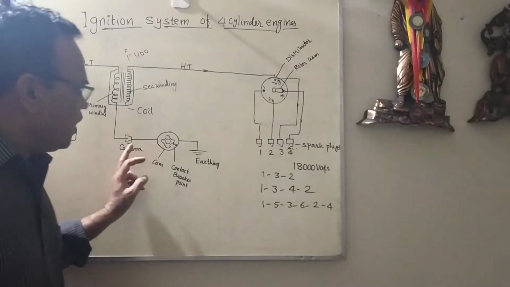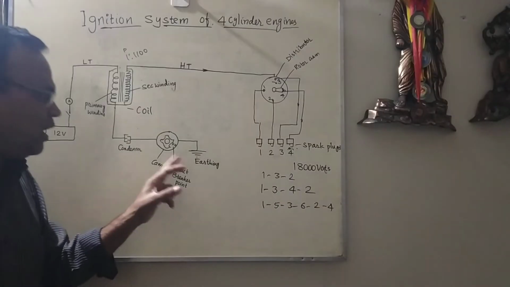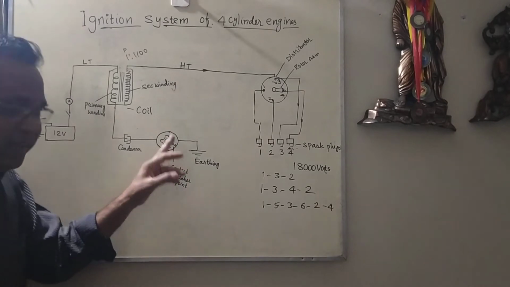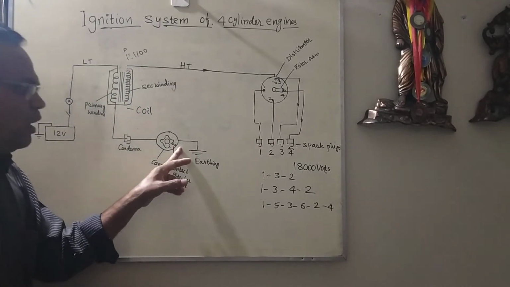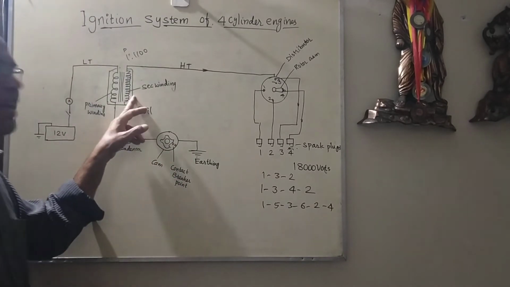The same here: the 6 or 12 volt current is stored here. When the CB points open, the current is suddenly disconnected, and this maximum current will try to jump to the secondary.